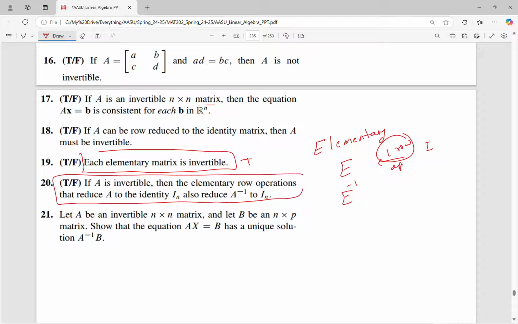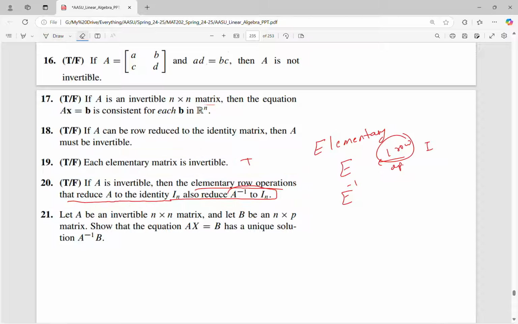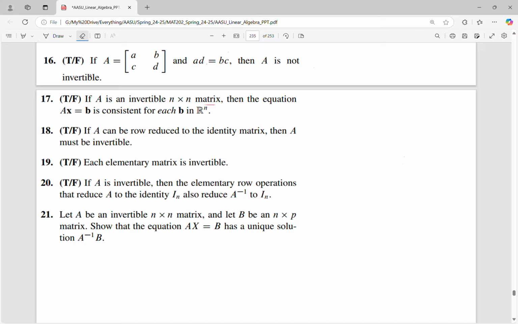If A is invertible, then the elementary row operations that reduce A to the identity also reduce A inverse to I_n. What is the meaning of this? Let's read the question again. Let's recall this: I have A with I, I apply row operations to reach I and A inverse.